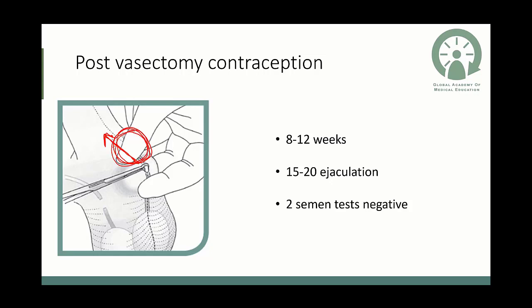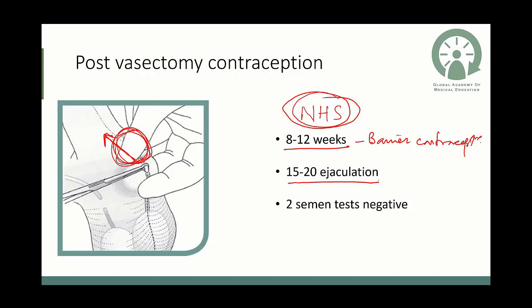So how long do we need to wait? This is what I have looked up in the latest NHS guideline or NHS public information bulletin, which says 8 to 12 weeks they need to use barrier contraception. 8 to 12 weeks they need to use barrier contraception.